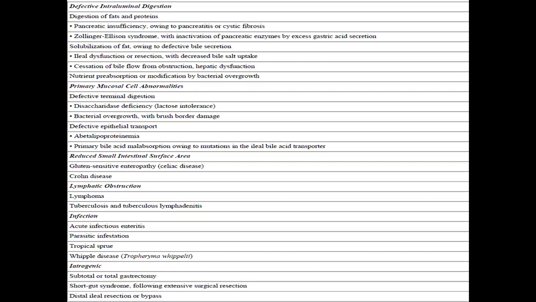To summarize, first is defective intraluminal digestion, second is primary mucosal cell abnormalities, then reduced small intestinal surface area, then lymphatic obstruction, infections, and iatrogenic causes.